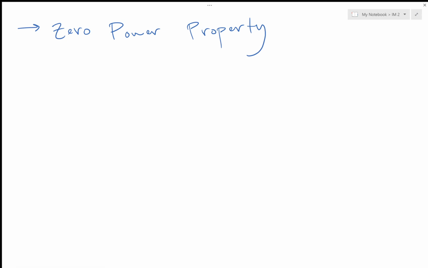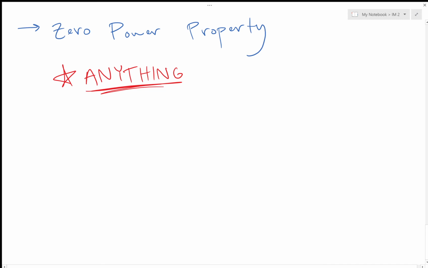Zero power property. So just listening to the title, zero power, so zero exponent property. And here's the rule. Anything to the zero power is 1.